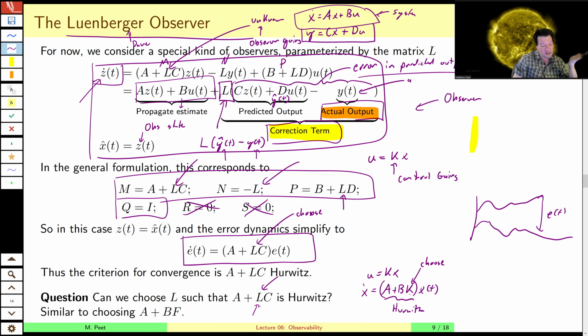The difference there, from a pure optimization standpoint, is actually helpful in that we don't need a duality transformation when we're doing observer design. So to do our variable substitution in this case, we don't need duality.